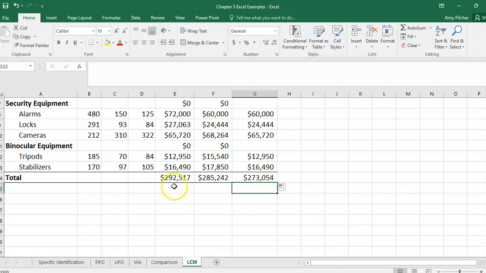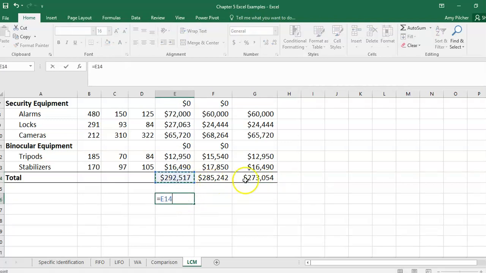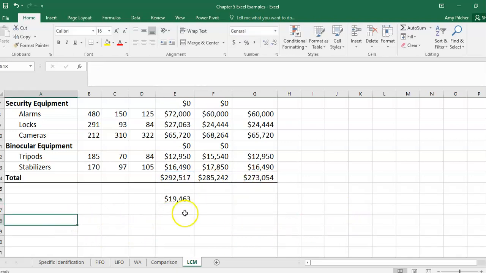So now we want to rewrite our inventory. So this is our inventory carrying amount right here, $292,517. We can write it down to $273,054 using the lower of cost or market rule. So we want to know what that minus our new valuation is, $19,463.